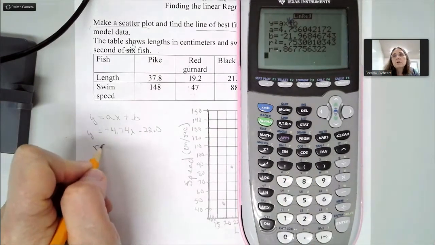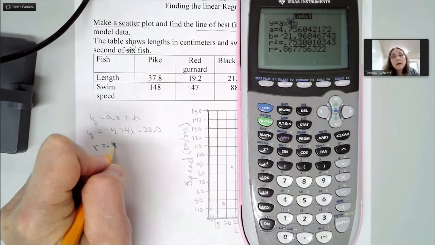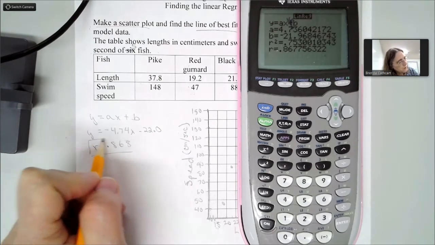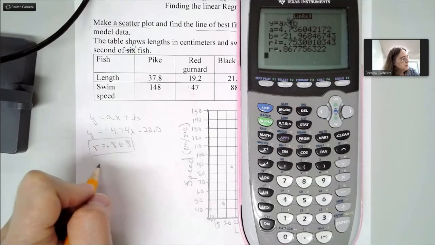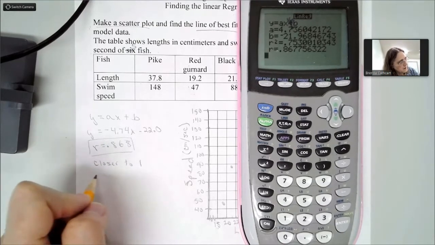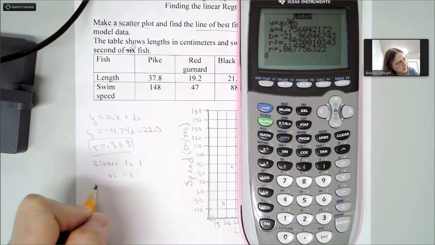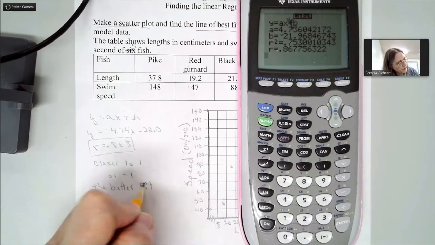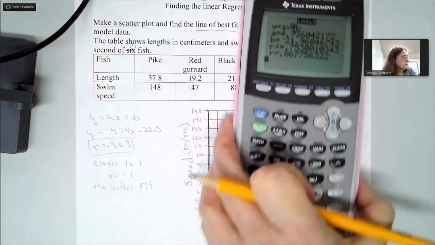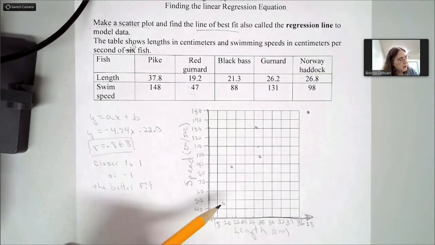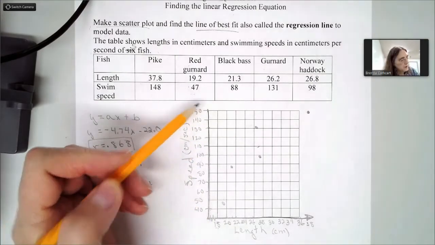And our correlation coefficient is 0.868. On our correlation coefficient, the closer it is to 1 or negative 1, the better fit. Since we have a positive correlation, that is, as the lengths of the fish get bigger, the swim speeds also increase.